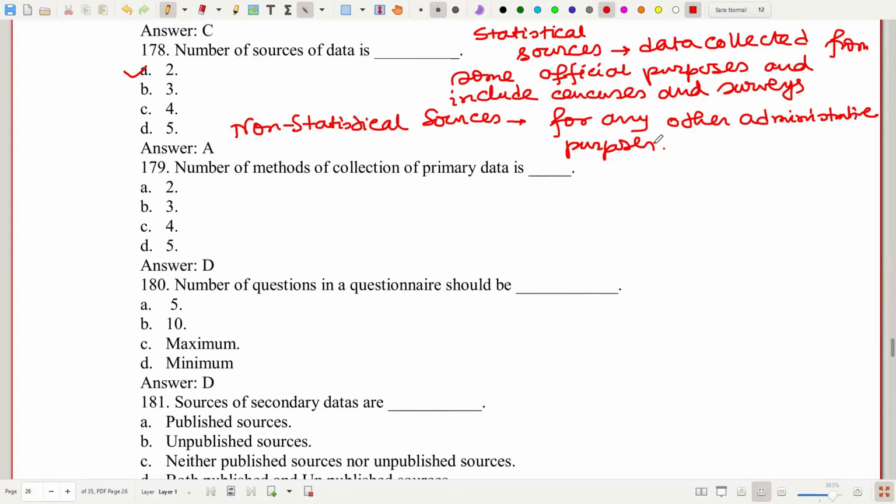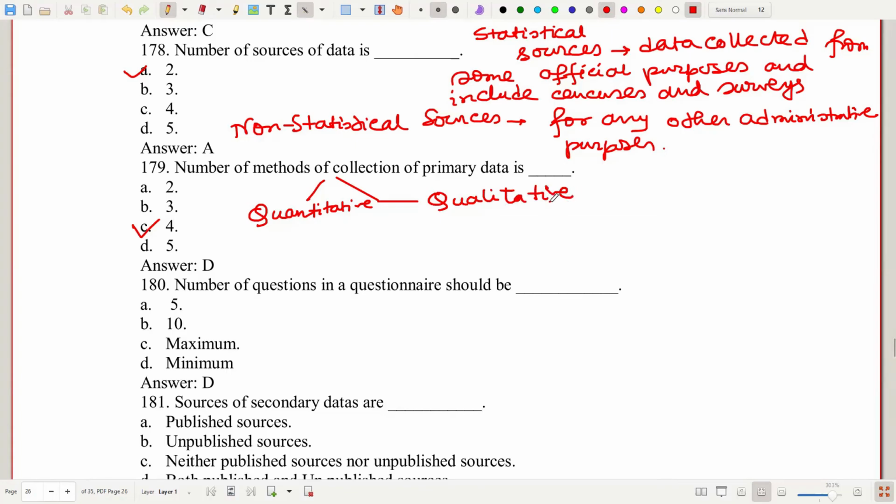Number of methods of collection of primary data is, here practically the answer is 4 or 5, because we have two types of primary data. The first one is known as the quantitative, another one is the qualitative.